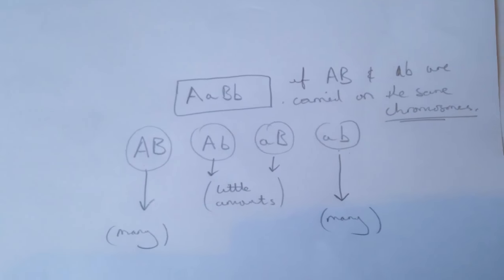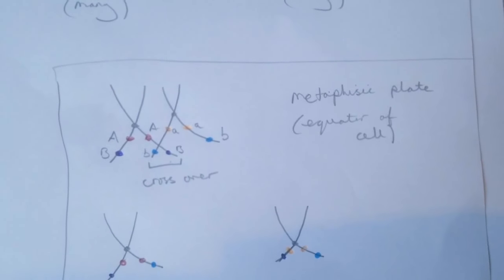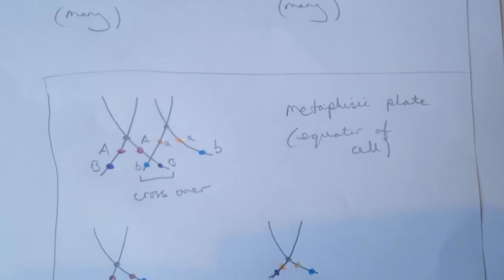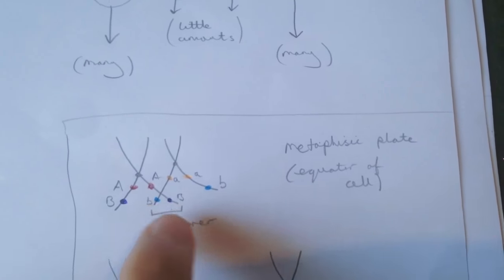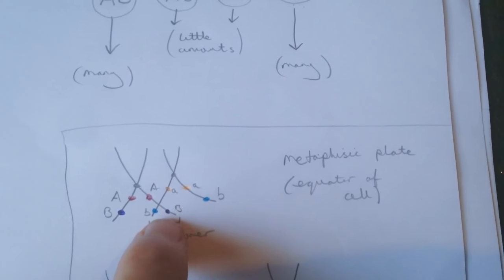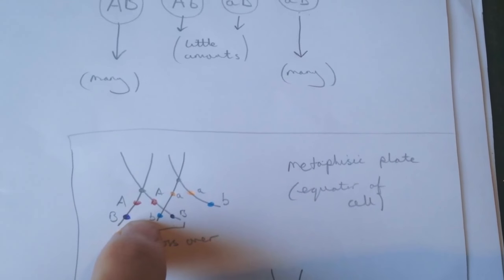And that comes to another part of meiosis that we look at in AS, and that's crossing over. So on the metaphase plate, on the equator of the cell, genetic material in meiosis 1 crosses over. This is called chiasmata, and as we can see here, an example is that the big B and the little b cross over.